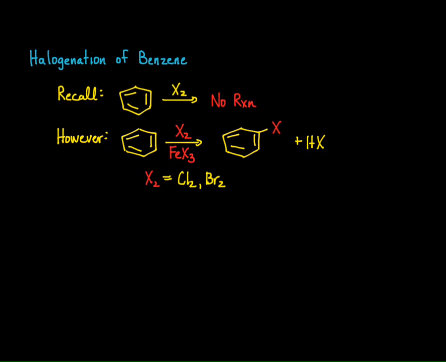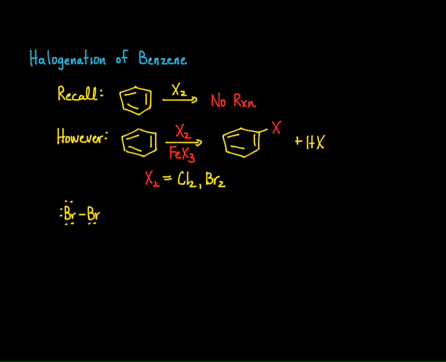Now, in this type of reaction, the halogens that we can use really are limited to chlorine and bromine. Fluorine is too reactive, iodine is not reactive enough. So we're limited to chlorination and bromination.